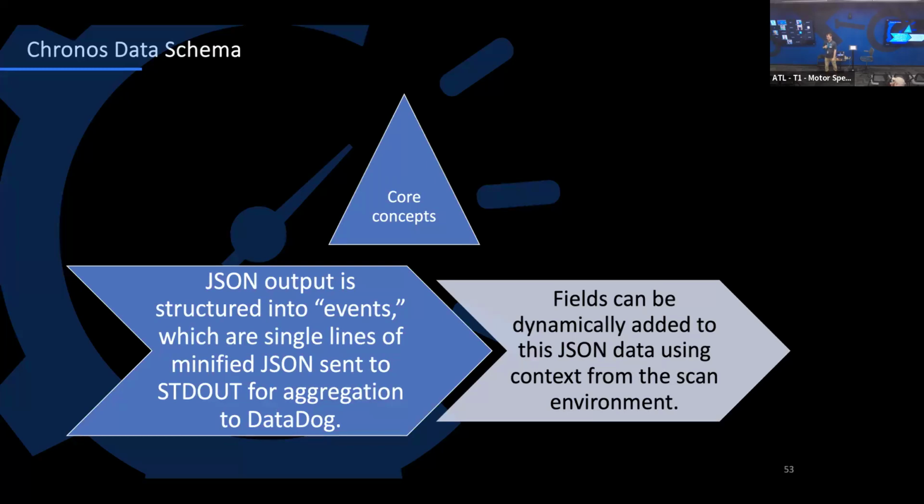The main thing is it's minified JSON lines sent to standard out, and whatever tool wants to slurp that up certainly could. Because it's JSON output, we can dynamically add fields to this structure, which is where the service catalog comes in, and this can be a super powerful pattern.